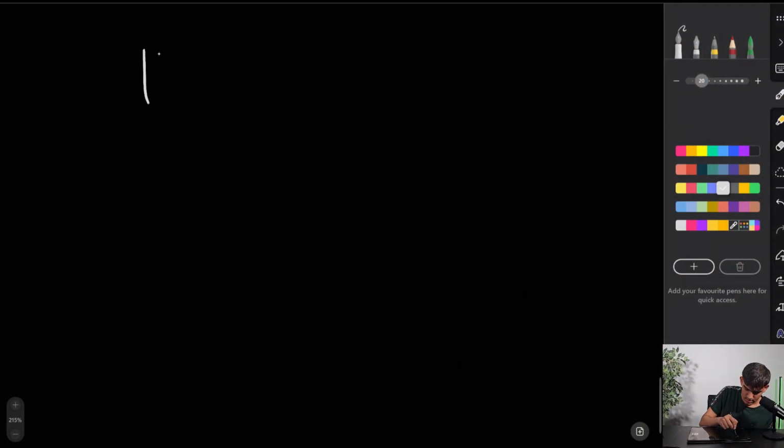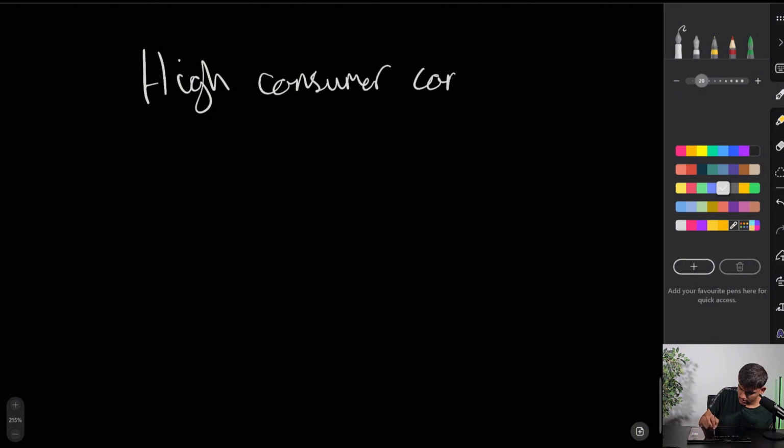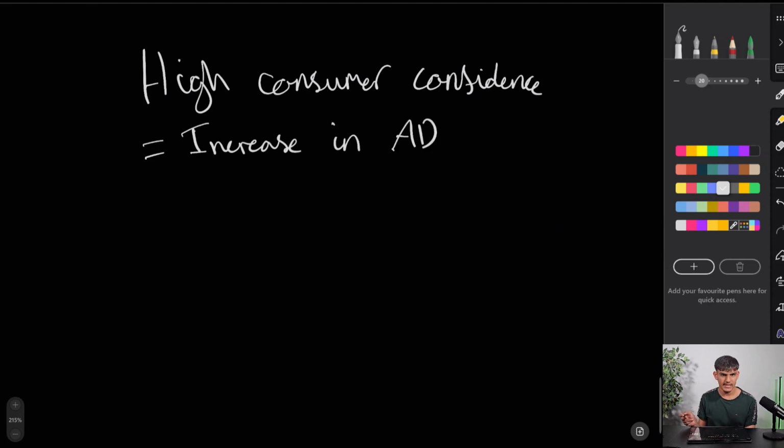Well, a high consumer confidence leads to an increase in AD, or aggregate demand. So, high consumer confidence equals increase in AD. Now, why is this the case?